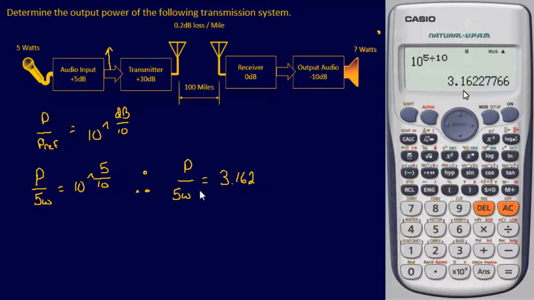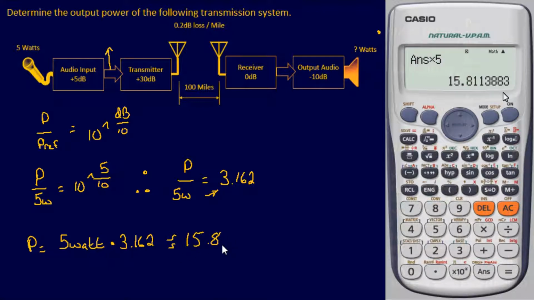And what we're going to do is multiply 5 times this guy, and that will give us our output power. So P equals 5 watts times 3.162. That's going to be approximately 15.8 watts. So that one's going to be 15.8 watts.